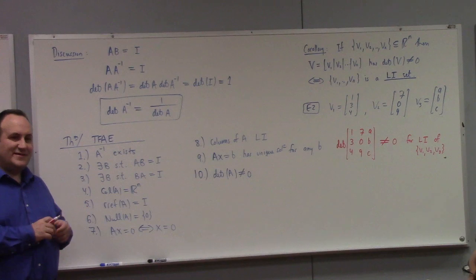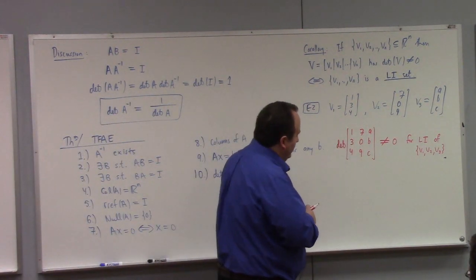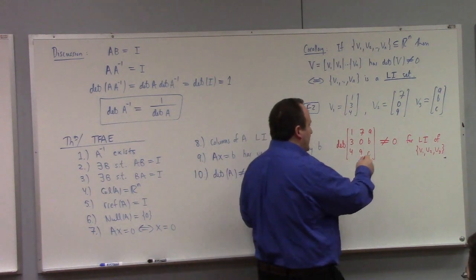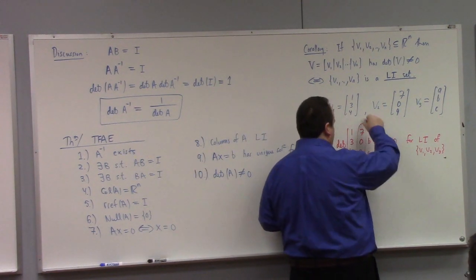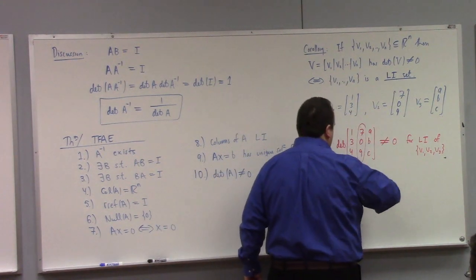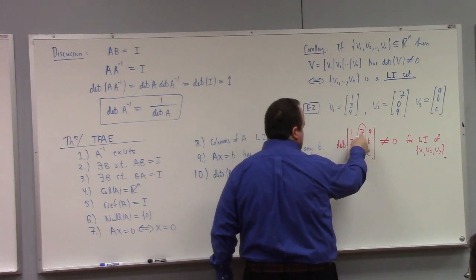How would you guys think I should do it? You know what I'm going to do? To illustrate, I'm going to expand on the middle column. I'm going to look at the Laplace expansion by minors with respect to the middle column. And so here's how that goes. So I go plus, I go minus.